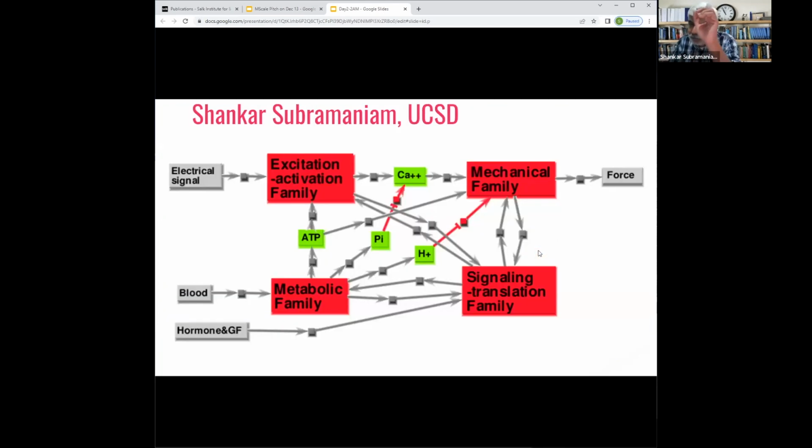So what does a muscle do? A muscle does just 4 things. That's it. What are the 4 things that a muscle does? It essentially collects the signal from the neuron in the neuromuscular junction. This is what I told you about the ACH receptor a minute ago. And this is called excitation activation. Muscle senses electrical signal and induces excitation activation, which involves a number of ion channels and transporters.